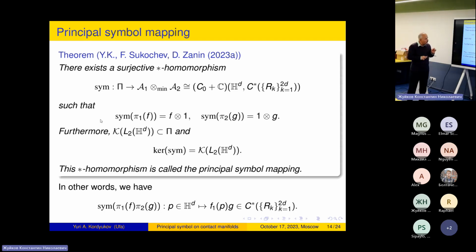It's the algebra of continuous functions on the Heisenberg group with values in this sister algebra generated by all these Riesz transforms, which are left invariant operators, so they're in the von Neumann algebra. And the kernel of this map is again just compact operators. So we have a short exact sequence in this setting.